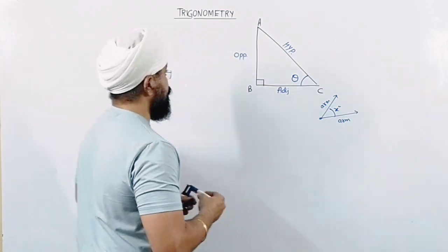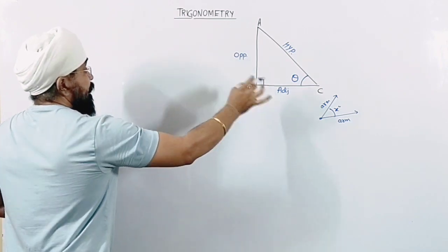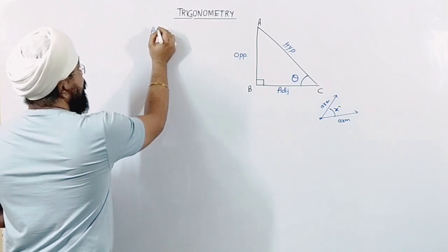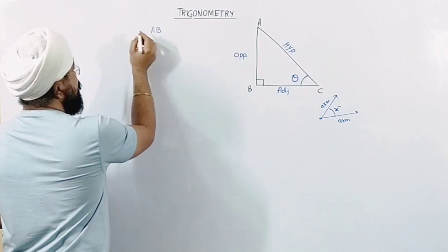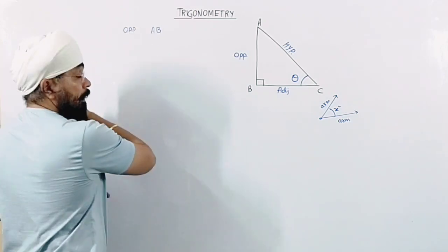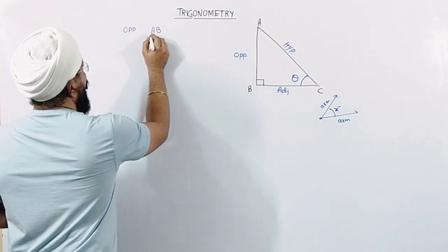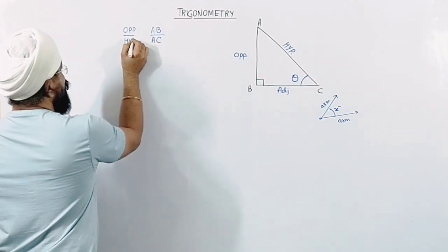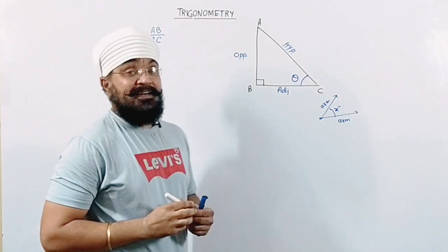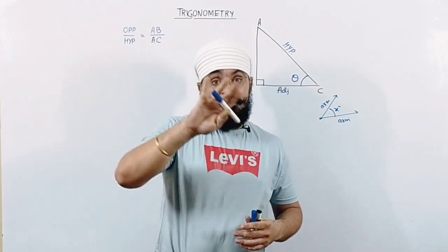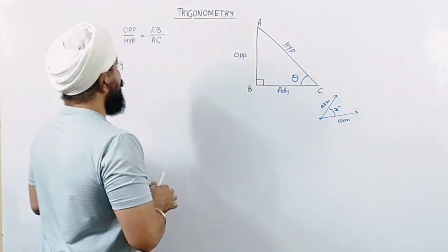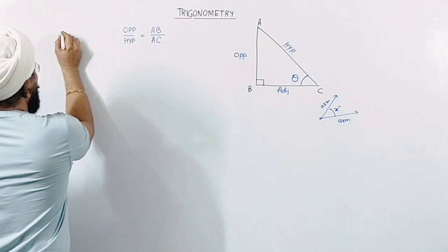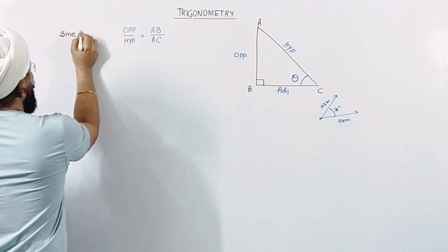The first relationship, if I take that angle theta, or you can say angle C, is this: if I take the ratio of the opposite side of angle theta and the hypotenuse, where the hypotenuse is AC, this particular ratio is known as sine of theta.